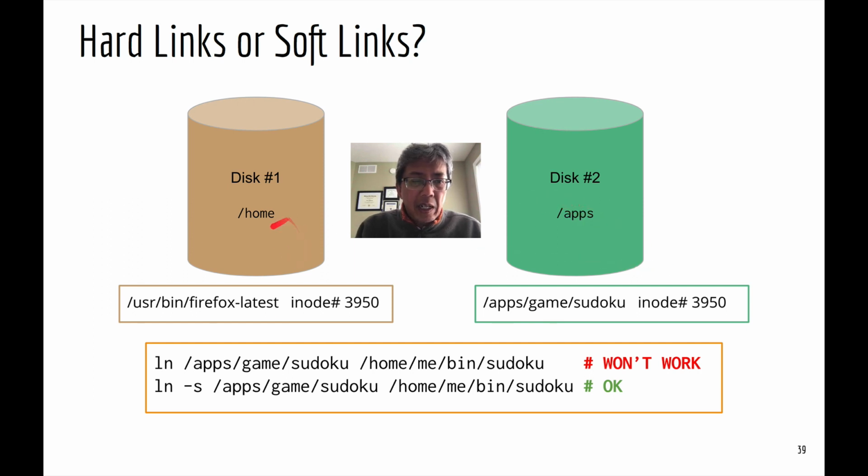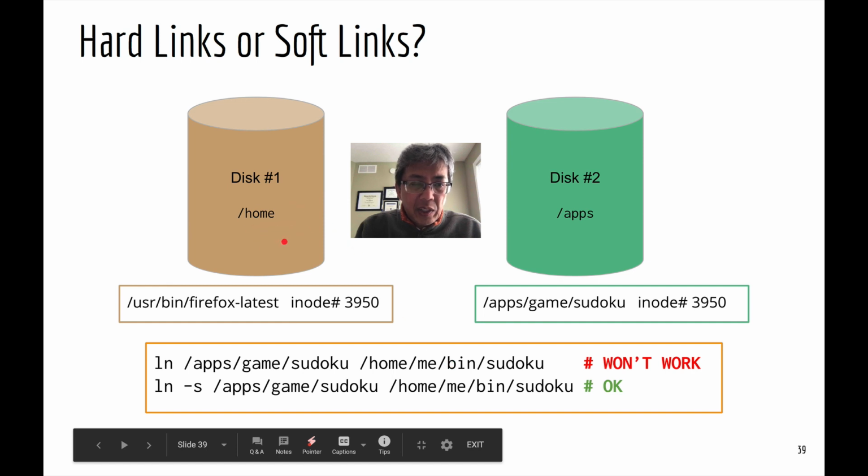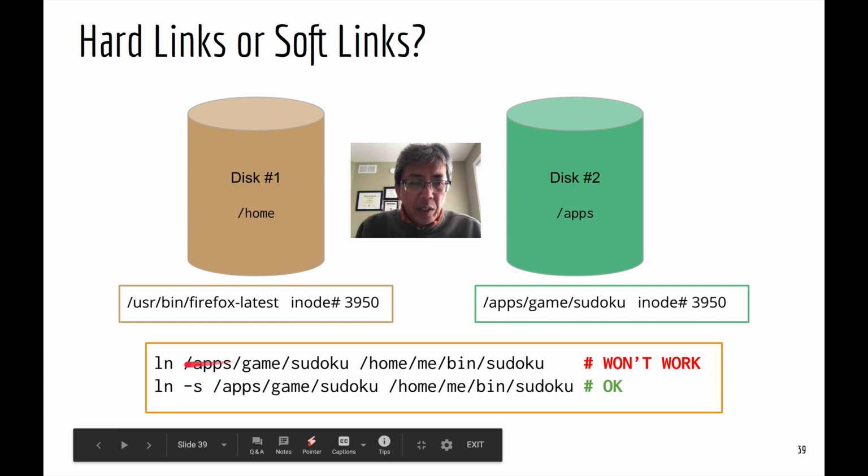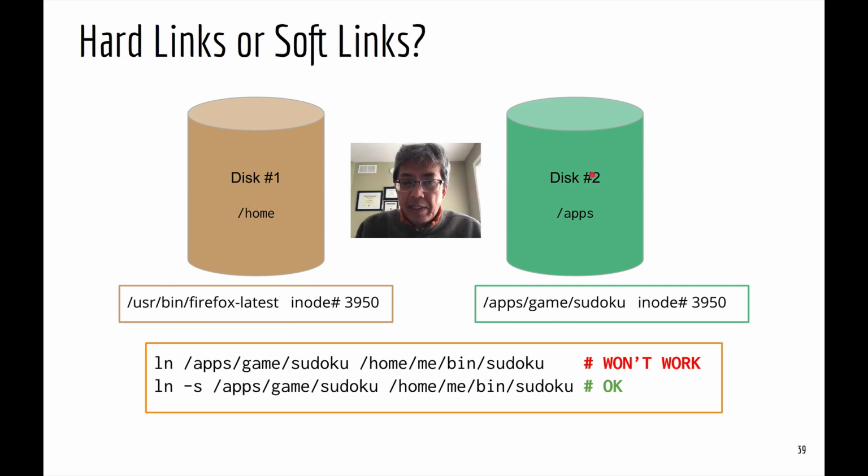That means a hard link will create a new entry under the name of, let's say, home me bin Sudoku, and it will be associated with the inode number 3950, but inode 3950 in the first file system is not the inode of the Sudoku game. Let's say inode 3950 is the inode for the Firefox browser, then that link will effectively create a link to your Firefox, not to the Sudoku game in the other file system.